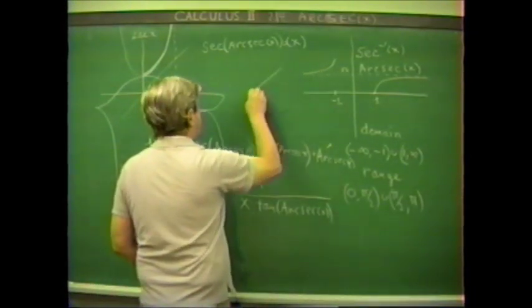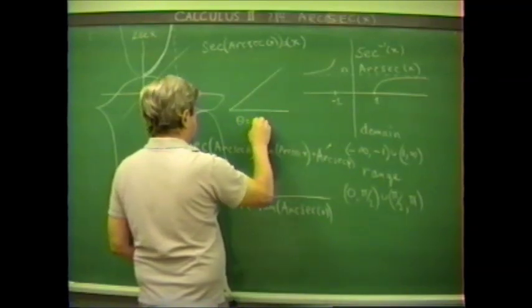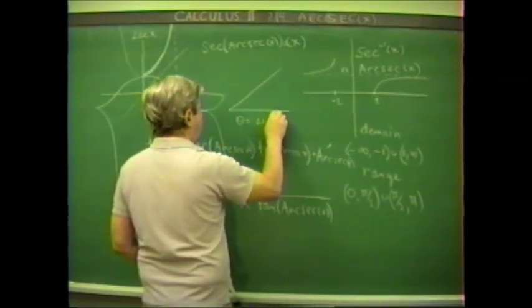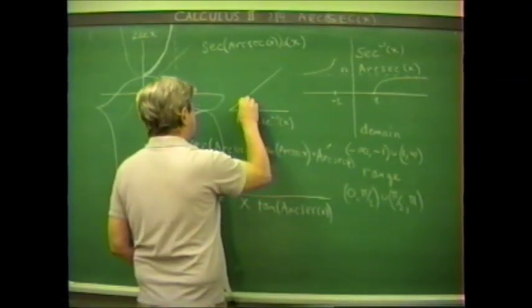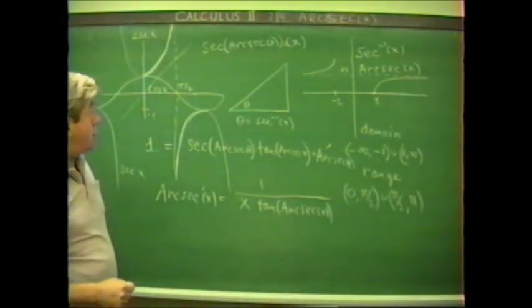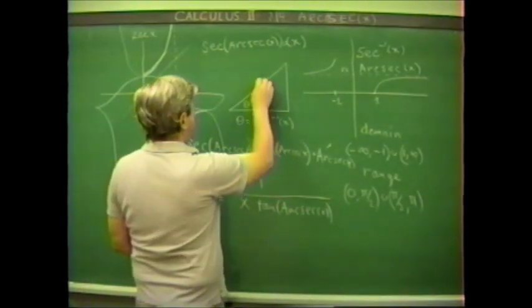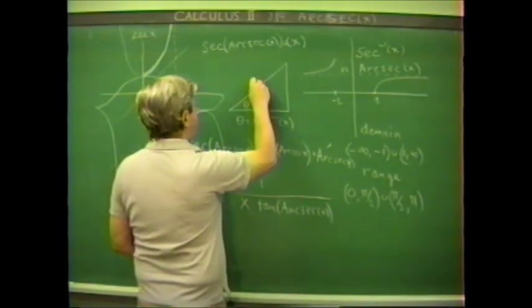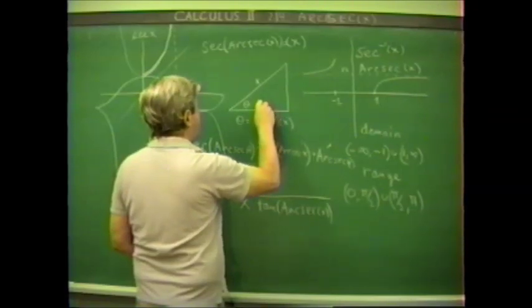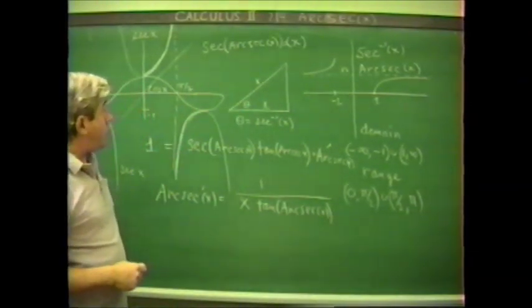So for that purpose, let's draw a triangle here. Let's let theta equal secant inverse of x. So here's theta. It's the angle whose secant is x. The secant's 1 over the cosine. So if we put x up here, we put 1 down here, then this will represent theta, the angle whose secant is x.